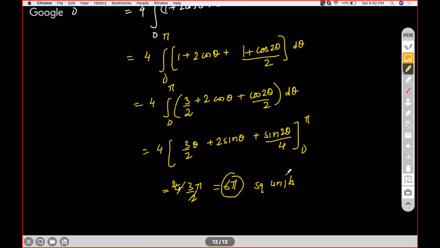Okay, so let's take a question based on polar form. This would require maybe the use of a calculator.